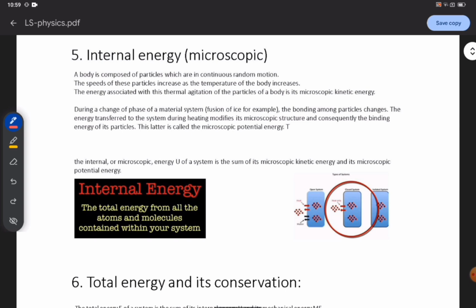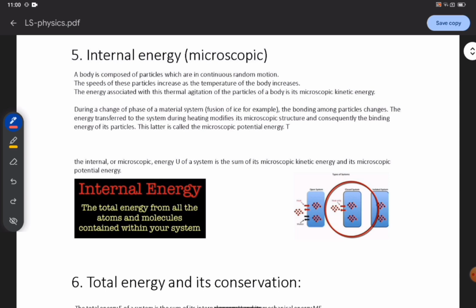Internal energy, microscopic. It means inside an object. So the internal energy is the total energy contained within a system due to the motion and interaction of its particles, including atoms and molecules.